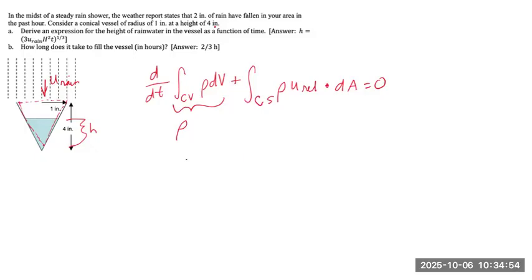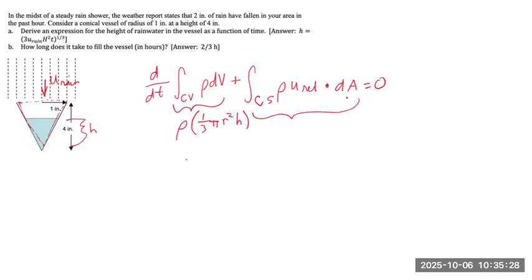So it's equal to rho times the volume of a cone, which is 1/3 pi r cubed. Except over here it's going to be, no, 1/3 pi r squared times h. So rho times 1/3 pi r squared times h, and we're going to differentiate this with respect to t.